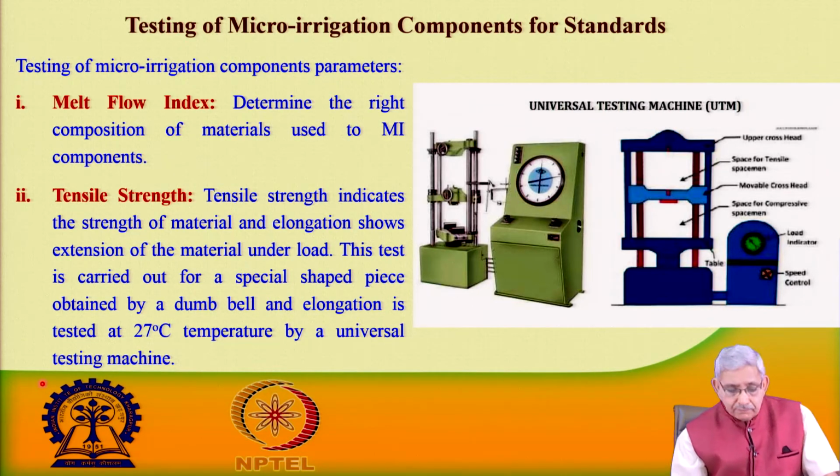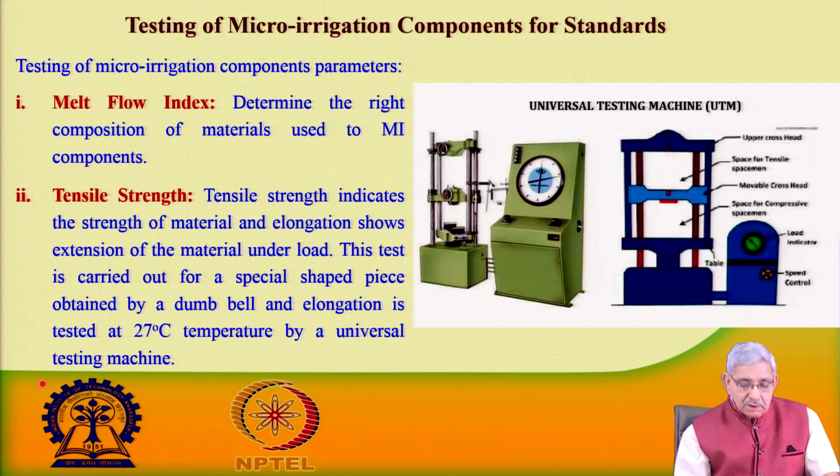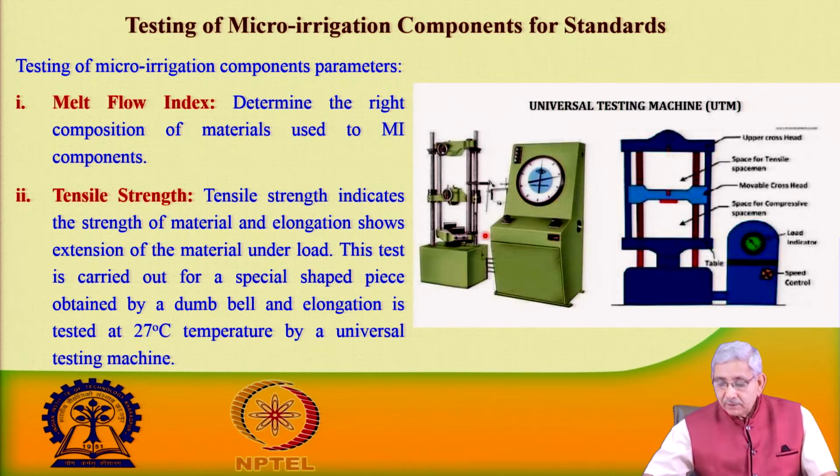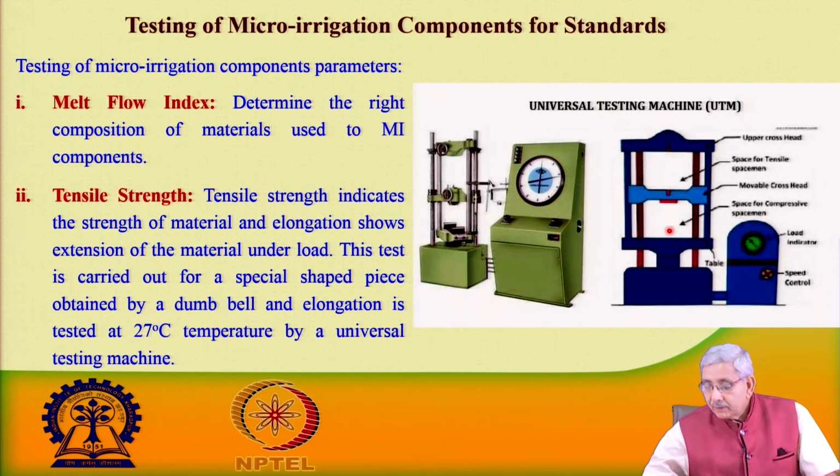Tensile strength is normally tested by using the universal testing machine, and it gives the strength of the material, and elongation shows the extension of the material under load. Your specimen is kept at this particular point, and then it is stretched.